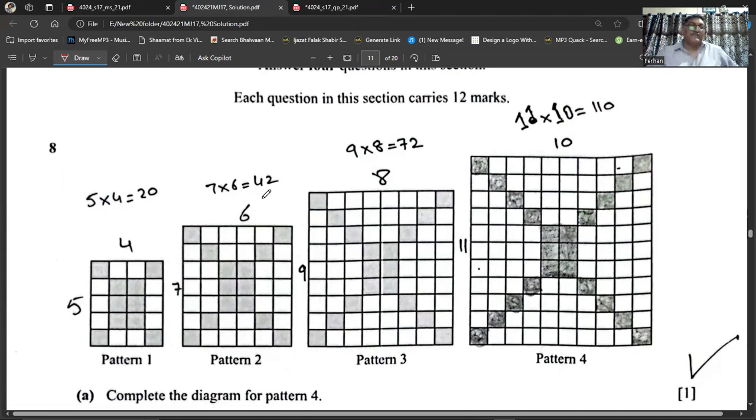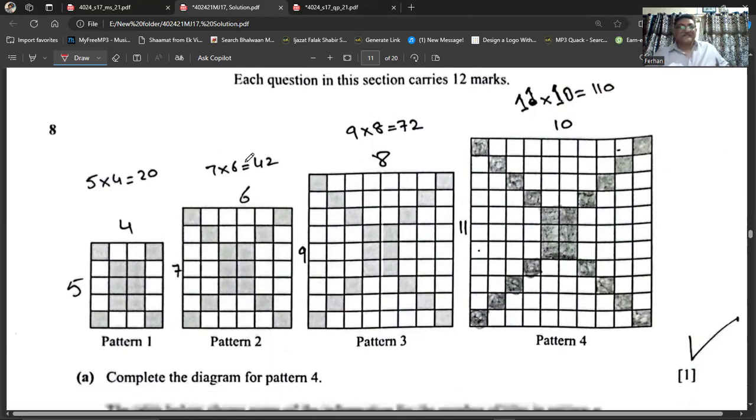This is 4, 6, 8, 10. This is 5, 7, 9, 11. So you can see this pattern. The total squares here are 5 multiply 4, 20, 7 multiply 6, 42, 9 multiply 8, 72, 11 multiply 10, that is 110. I hope you pay attention to this.